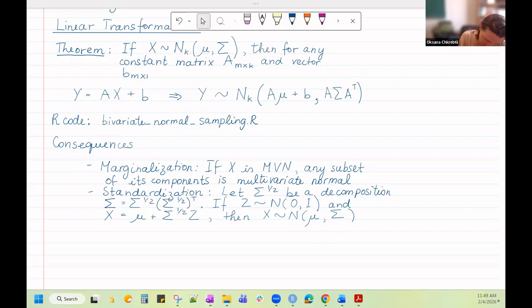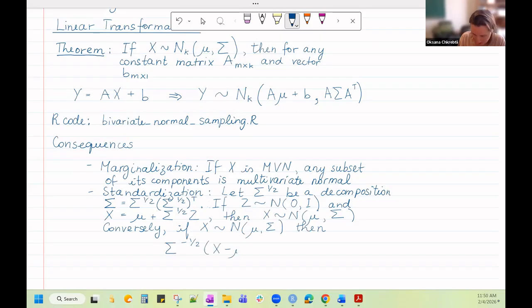And then also conversely, if we start out with a random variable X, which is multivariate normal mu sigma, then we can, we call this standardization, we can standardize X using the following transformation to obtain a standard normal random variable.